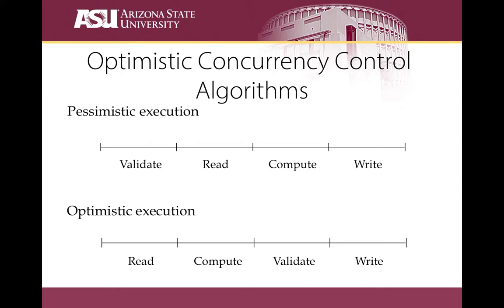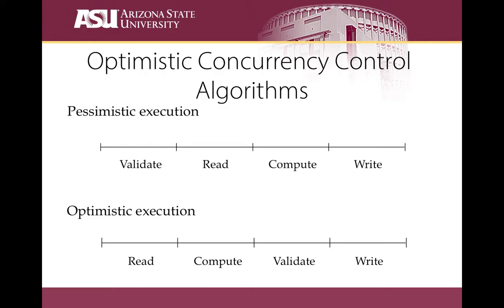Putting the validation early on is why it's pessimistic. That's the bottleneck here. In the validation step, before you do anything, you always validate. Granted, it can achieve serializability and it's efficient in that sense.